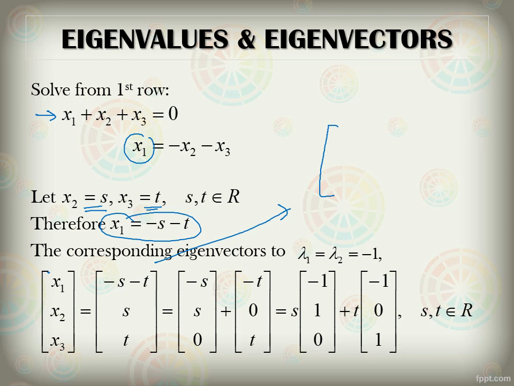So we have minus s, we have s, and we have 0 here, and we add minus t, so that it becomes minus s minus t. For the second entry it is only s there, so no t, and for the third one, we have t.